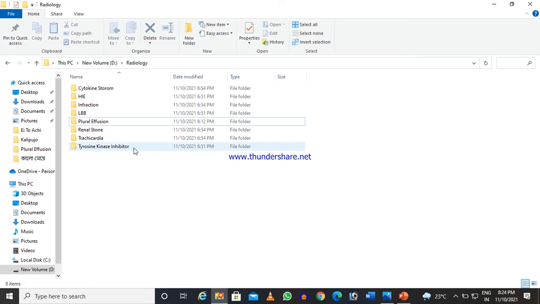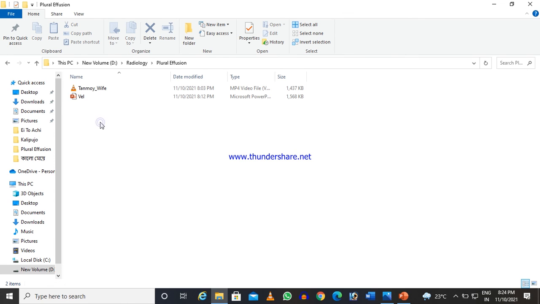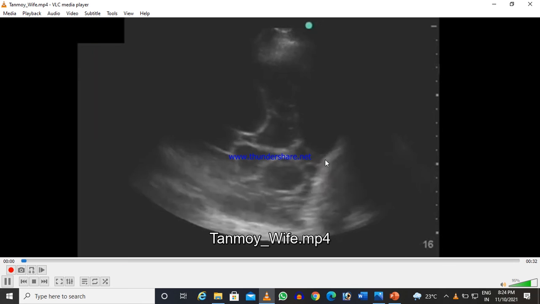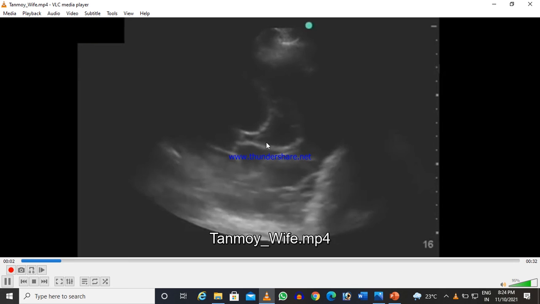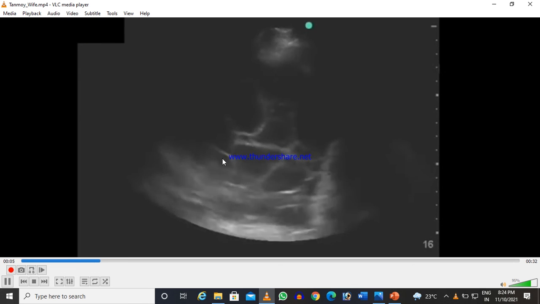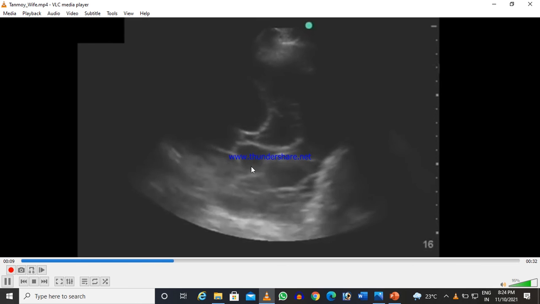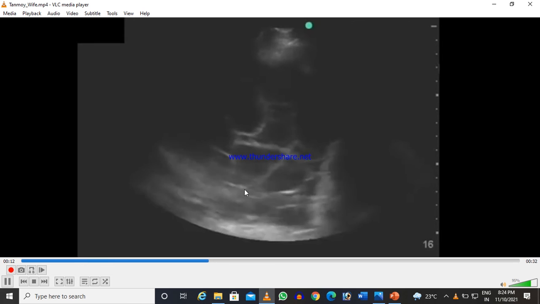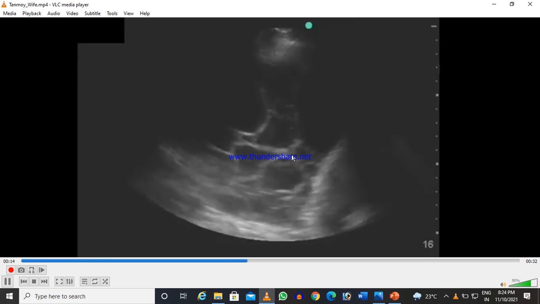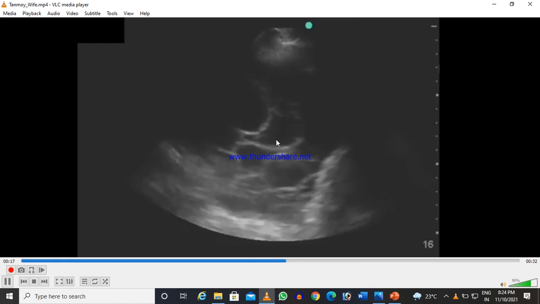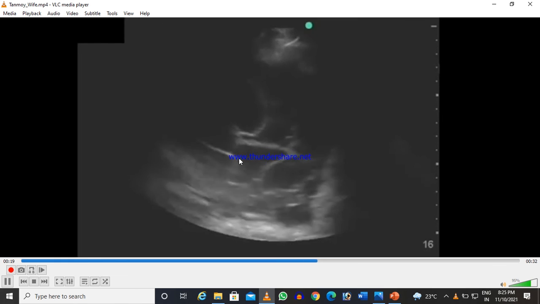I have one video. I will show you. It was recent. You see, this is the ultrasound, and you see there are a lot of strands floating. This is the fibrin, creating some mesh floating in the pleural space. Okay, so this also was observed.